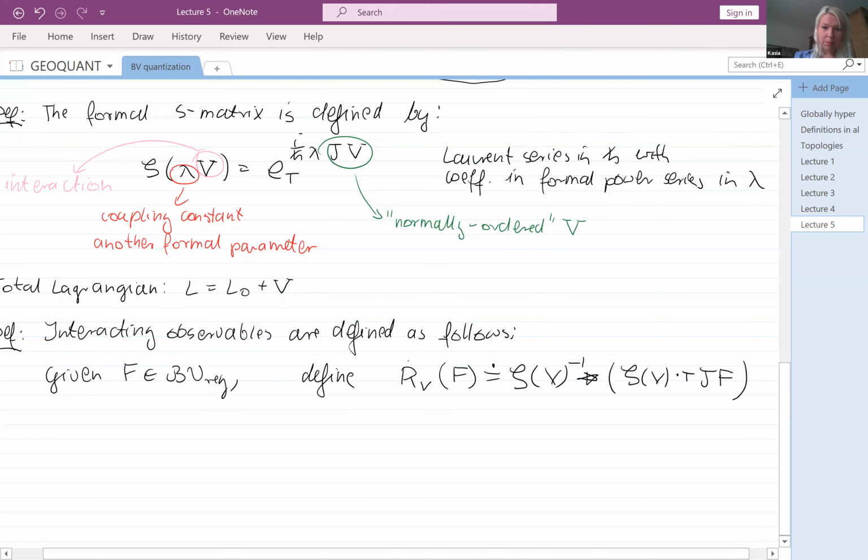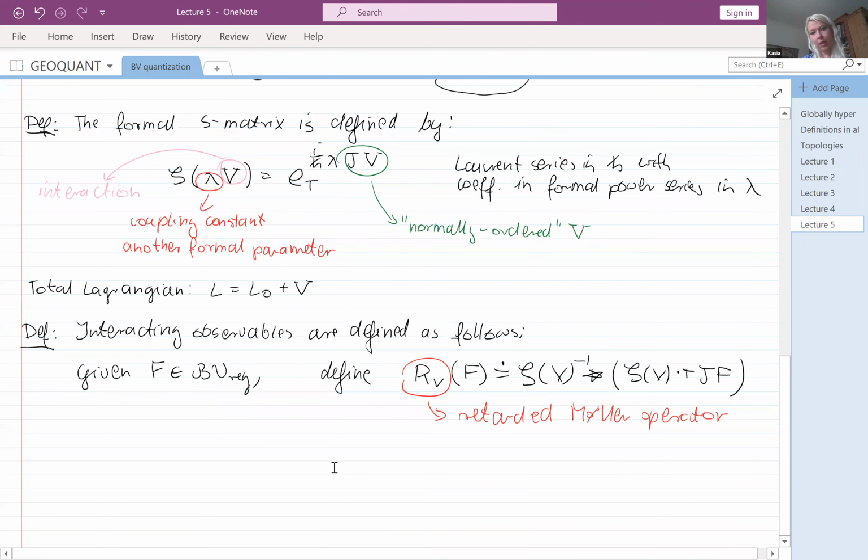And this map here is called the retarded Møller operator. So you can think of these Møller operators as maps from free theory to the interacting theory.